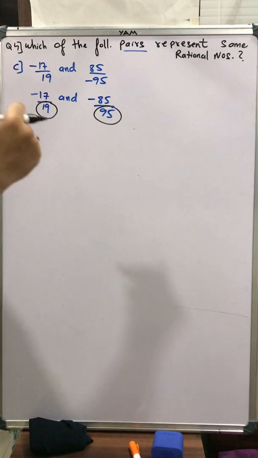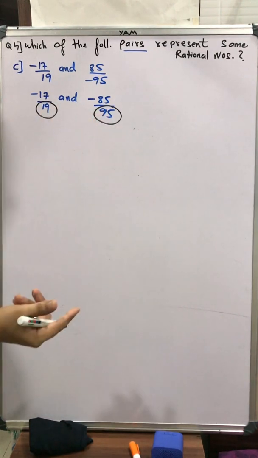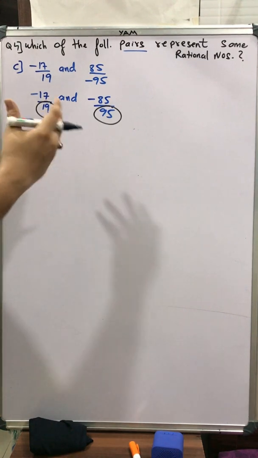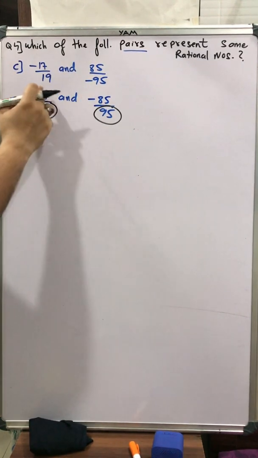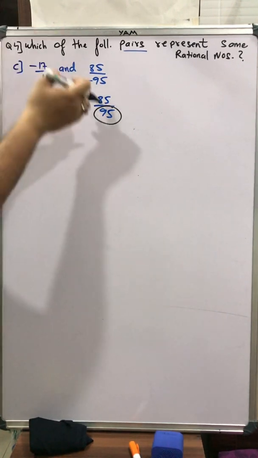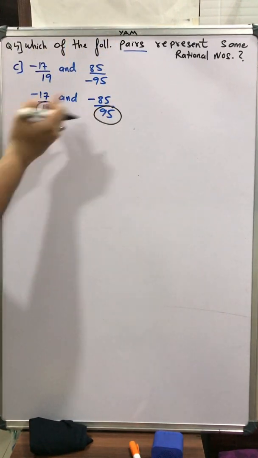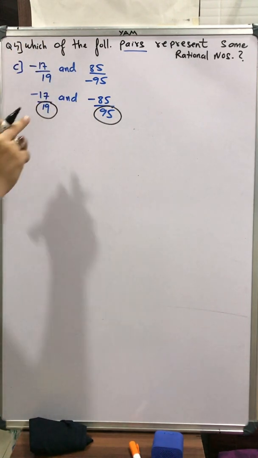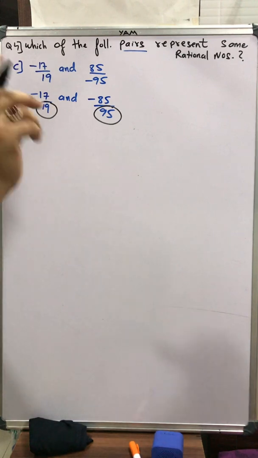Understanding? We cannot judge that minus 17 is big or minus 85 is big, because denominators are different. So every time just keep one golden step in your mind. We have to make denominators equal.